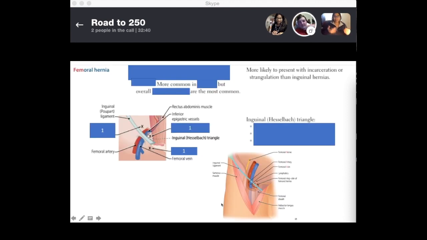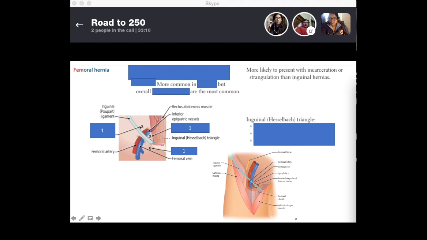We're going to start with the femoral hernia, but before we get into that, we have this diagram down here. I'm just going to have you try and distinguish which of these X's are the inguinal hernias and which one is the femoral hernia.